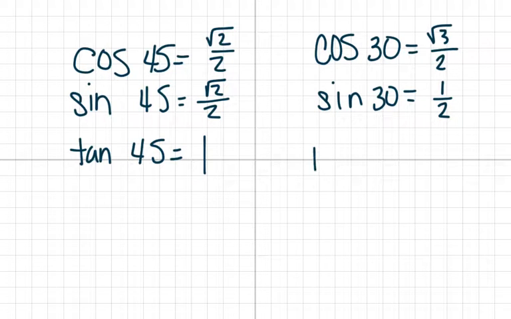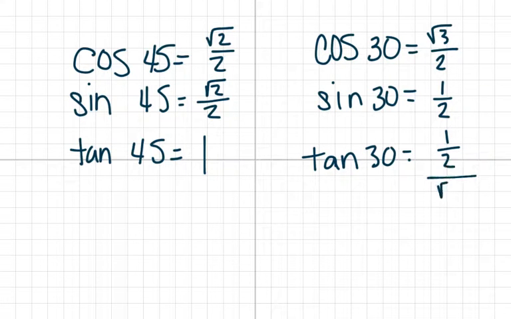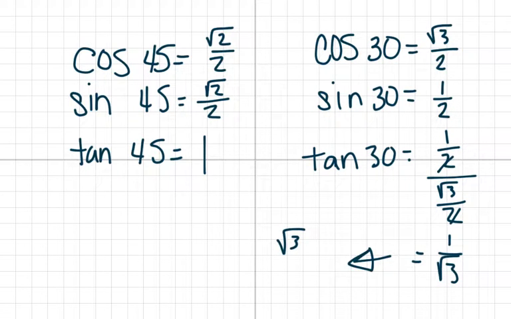Now we can determine our tangent of 30 degrees, because it's just sine of 30 over cosine of 30. So we have 1/2 over root 3 over 2. We get root 3 over 3.